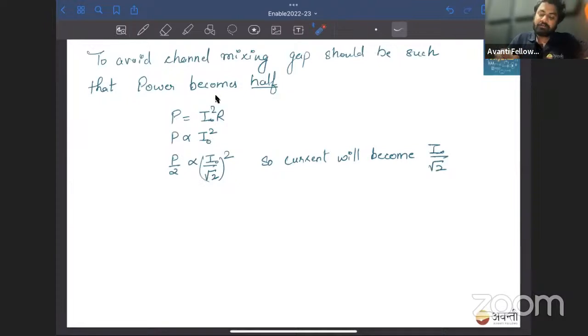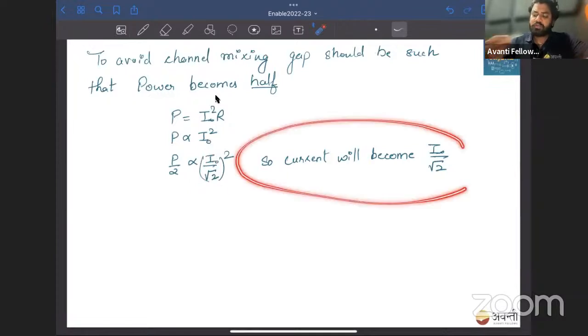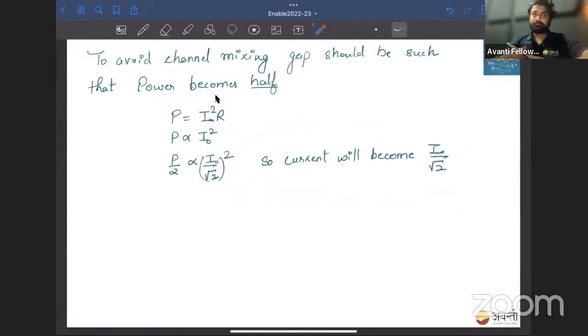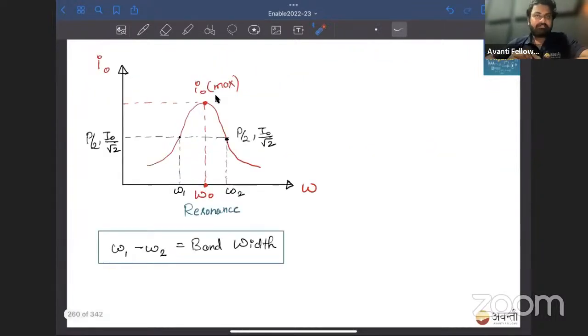Okay, so power is equal to I square R. Power is directly proportional to I square. So if power is halved, it means I will become I by root 2. That's why current should flow as I by root 2. That much range or bandwidth should be there. For I by root 2, there will be a corresponding frequency, right? So look here. What is bandwidth?